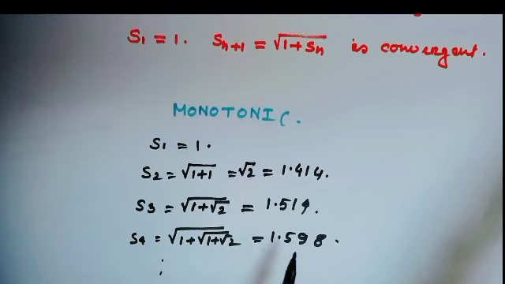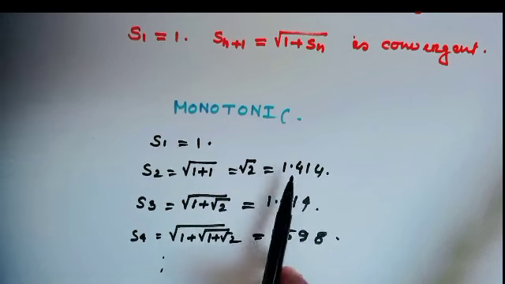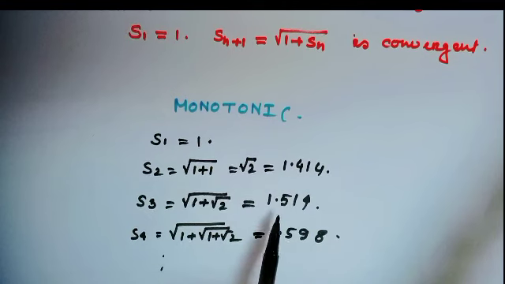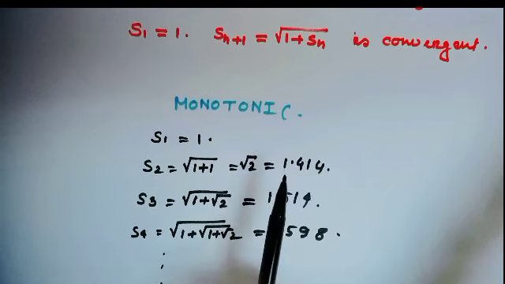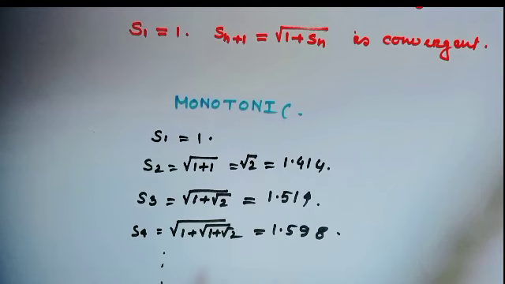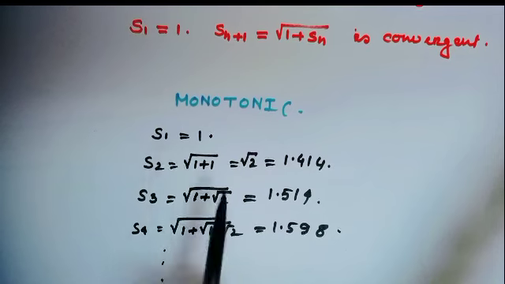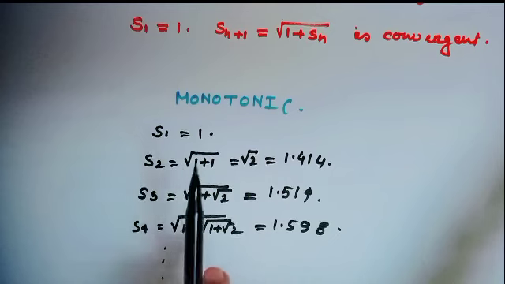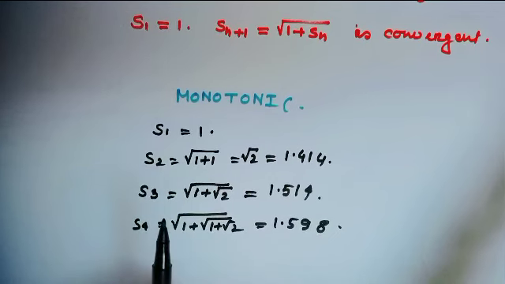Similarly S4 is 1.598, and so on. This is the first term, second term, third term, fourth term. The sequence follows an increasing pattern. So from that we can tell the sequence is monotonic. Okay?